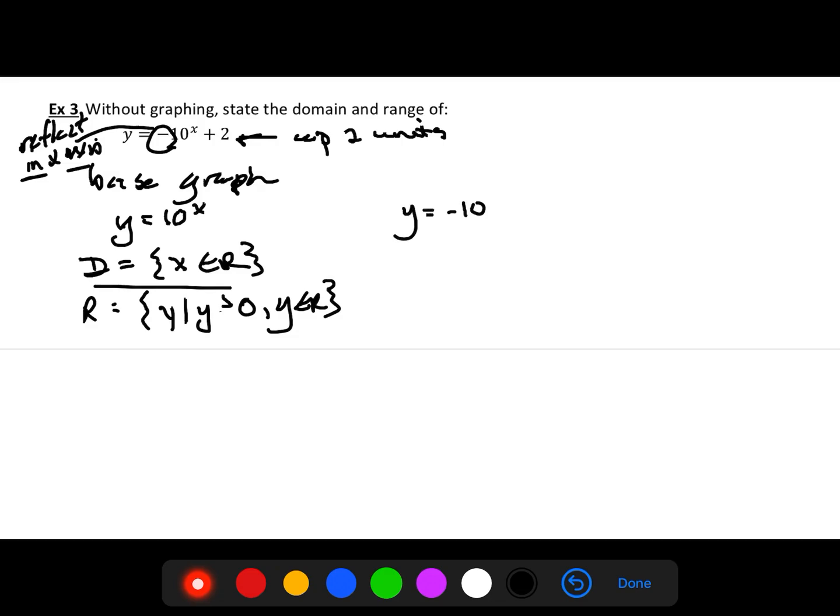Our domain of any function is still going to be any real number. So our domain stays any real number.